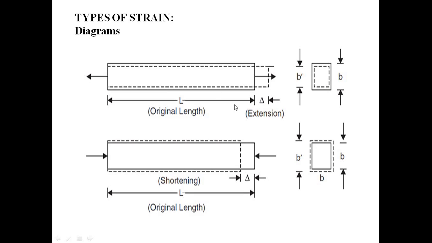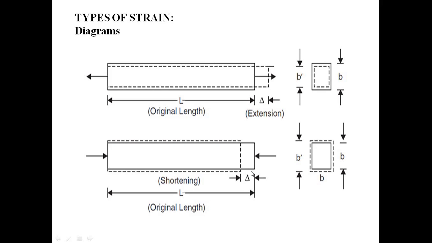And here the body is pushed in opposite directions. To the left-hand side a force is applied, and to the right-hand side the same force is applied. Due to these forces, the original length is shortened by delta L. This is the change in length: here there is extension in length, and here there is a decrease in length.